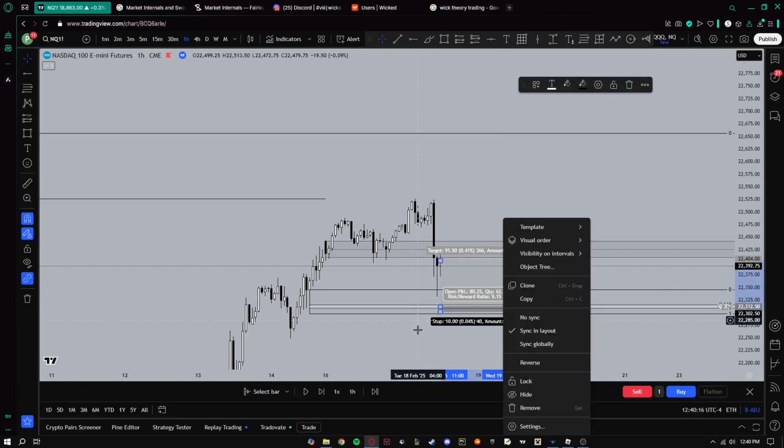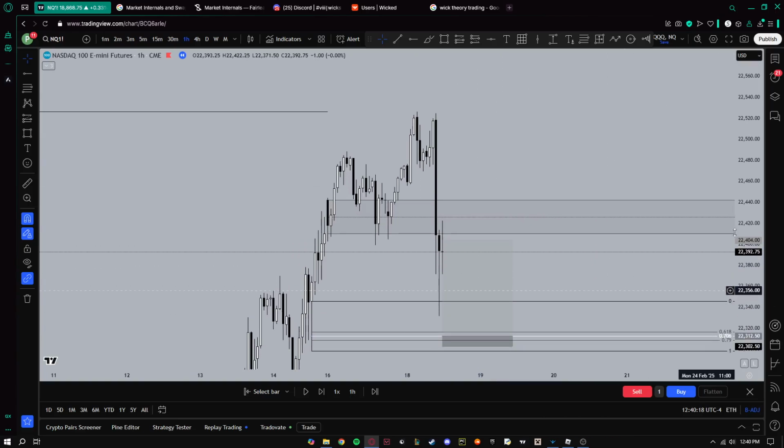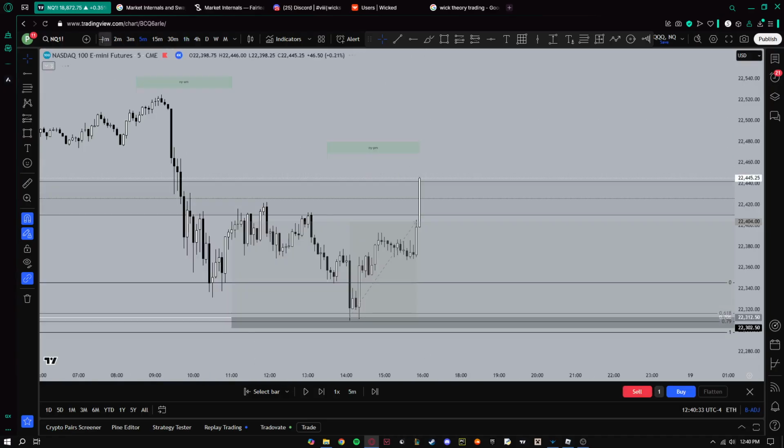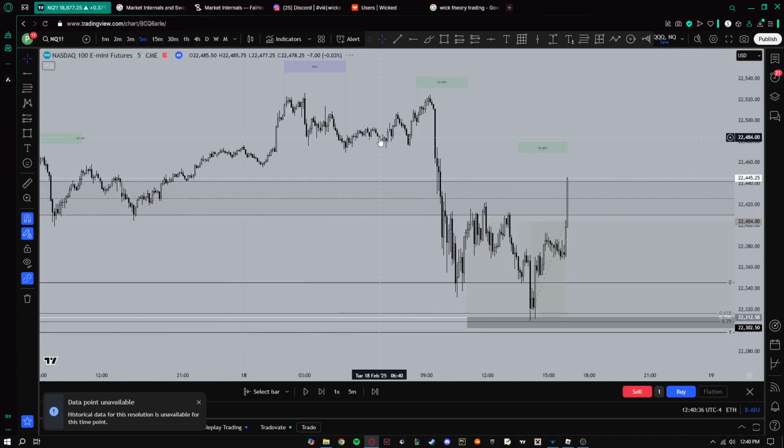So let's say I took a buy right here. Correct, let's wait. So we got wicked in, and we instantly, well, hold on, I gotta go to the lower time frame. It doesn't let me go any lower.